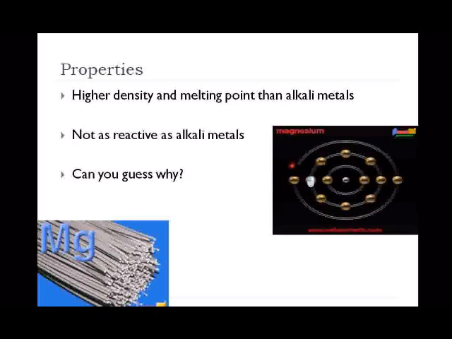If we take a look at magnesium's valence shell, its outermost energy level, we see 2 electrons. This leads to our alkaline earth metals not being as reactive and a little bit higher density and higher melting point.